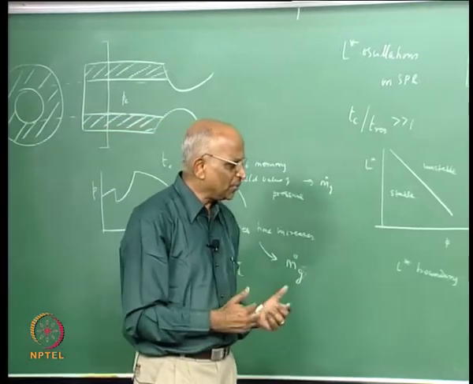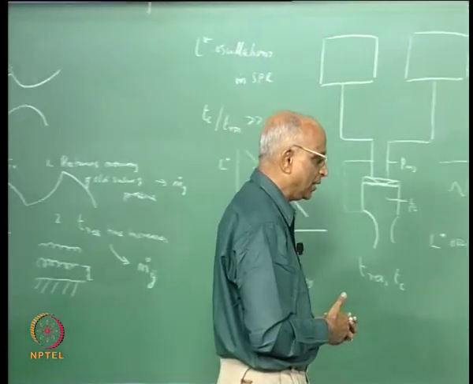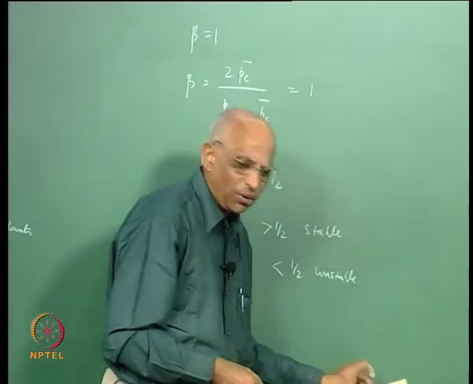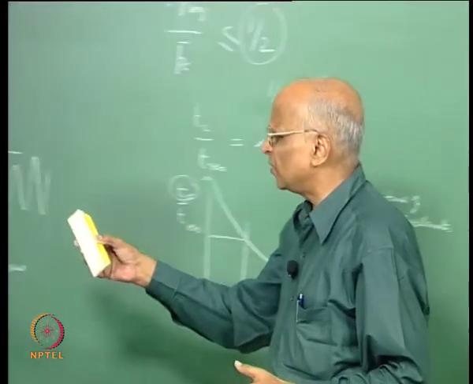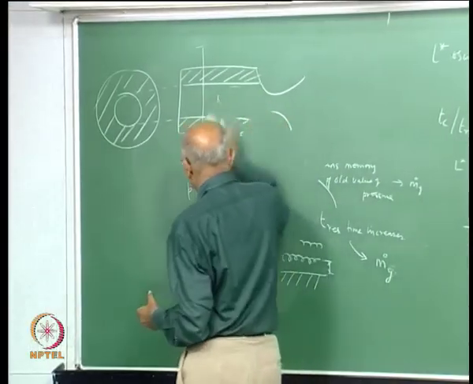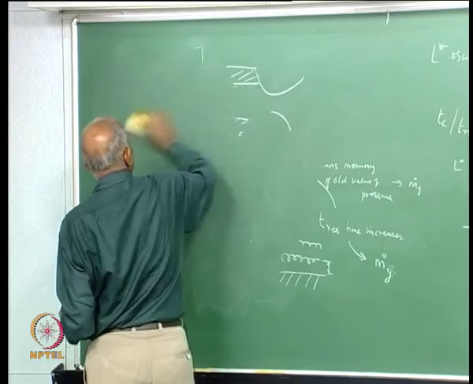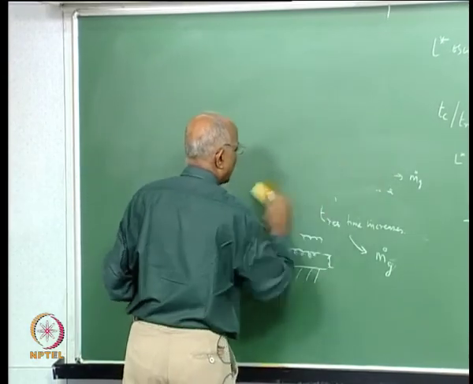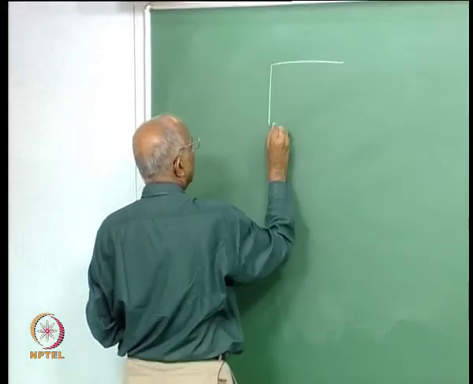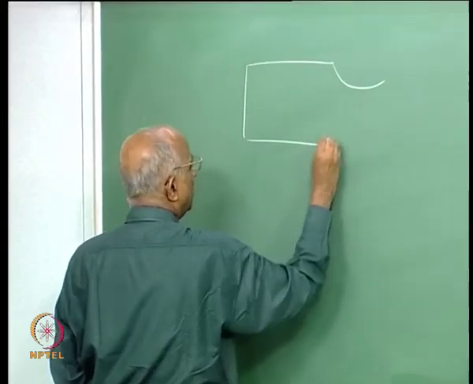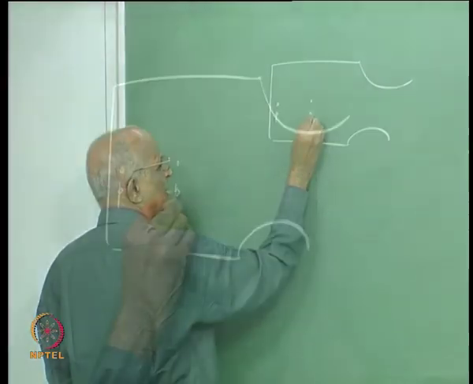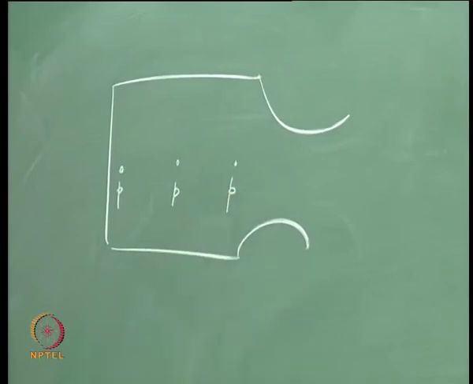Something I thought I should differentiate at this point in time is, whenever I talk in terms of feed coupled oscillations in a liquid propellant rocket or in terms of L star oscillations in a solid propellant rocket, all I am saying is the pressure in the chamber or within the grain, at this point the pressure is the same, at this point the pressure is the same, at this point the pressure is the same.